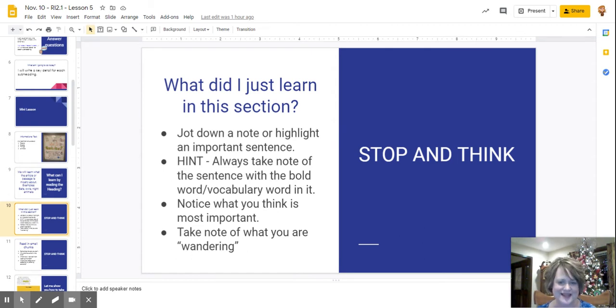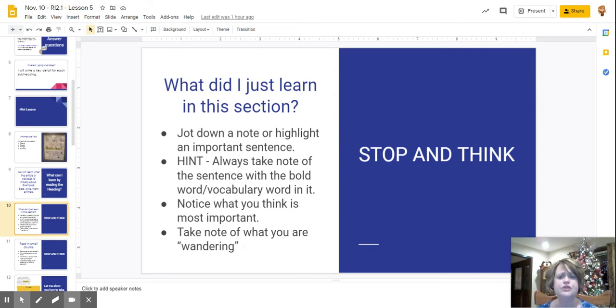To give you a hint, you always want to note a sentence that has a bold word or the vocabulary word in it. So if you're reading along and you see a bold black word or a vocabulary word that maybe is in a different color, you want to take note of that sentence. You either want to jot the note down, or you want to underline or highlight that sentence because those vocabulary words, those key words are really important.